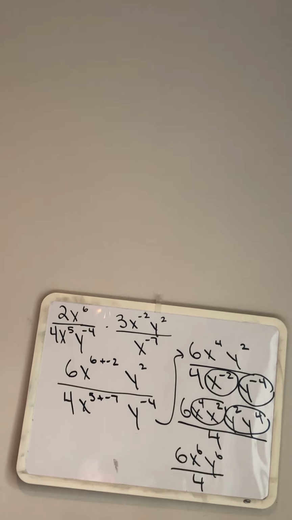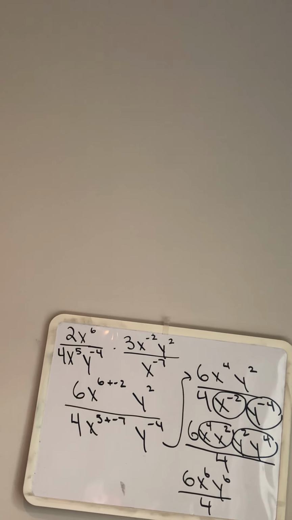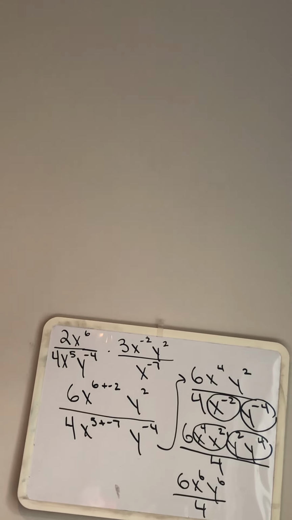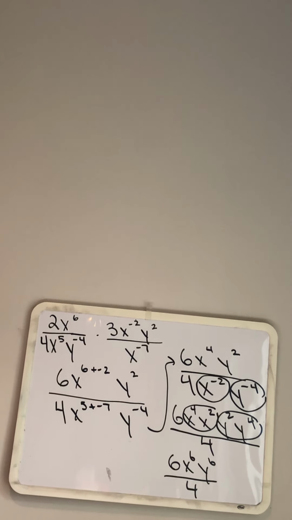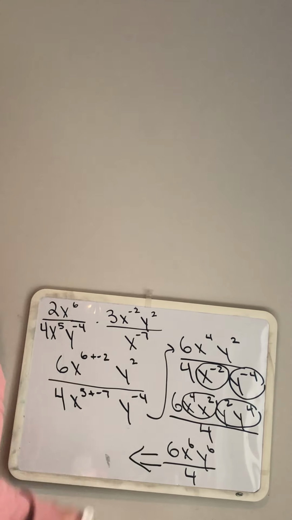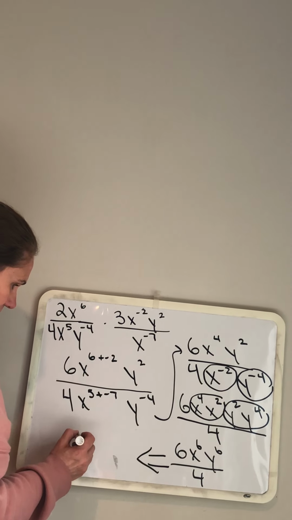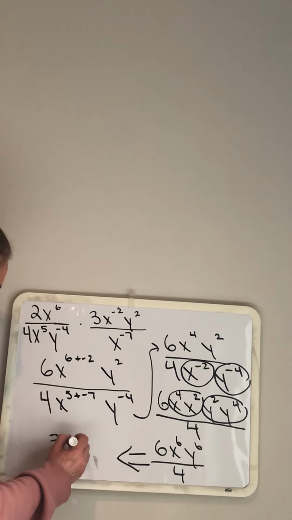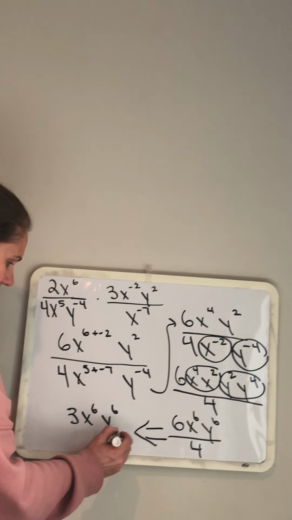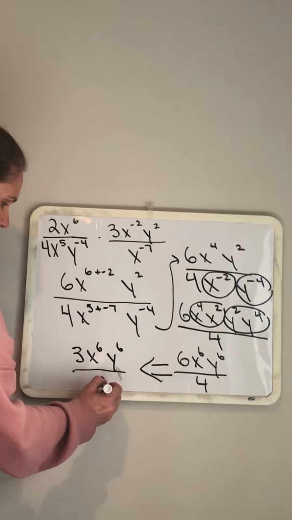And we'd like to be done, but we're not, because 6/4 is coefficients, and coefficients can reduce like they did when you were young. 6 over 4, they're both divisible by 2. So your final answer is 3 x to the 6th, y to the 6th over 2.